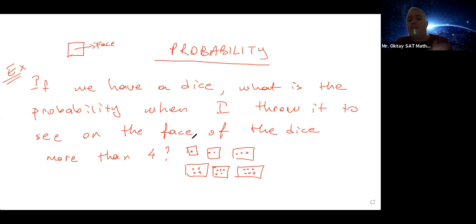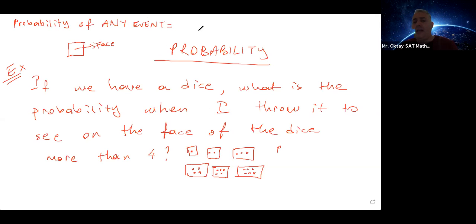So probability means, as a formula, the probability of any event. What does event mean? Do you know what event means?